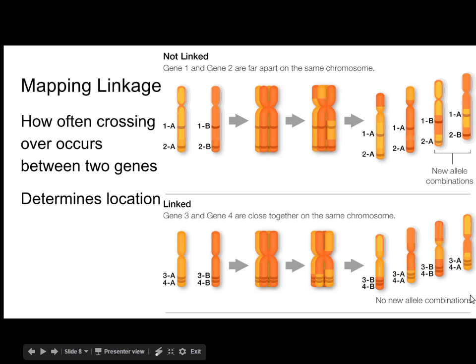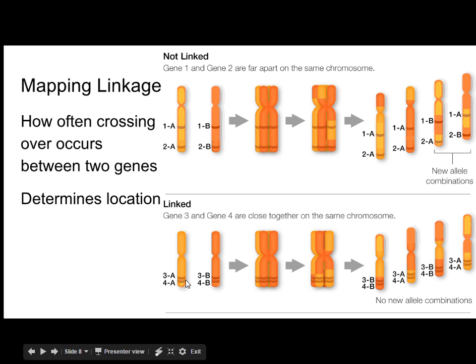As far as determining not only what chromosome genes are on, but where, has to do with how close they are. There was a thing in meiosis called crossing over, where the chromosomes would come together and exchange chunks of DNA. Well, if chunks of DNA are really, really close together, chances are crossing over is not going to split them apart.